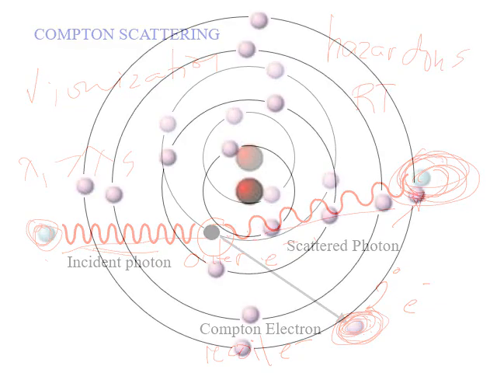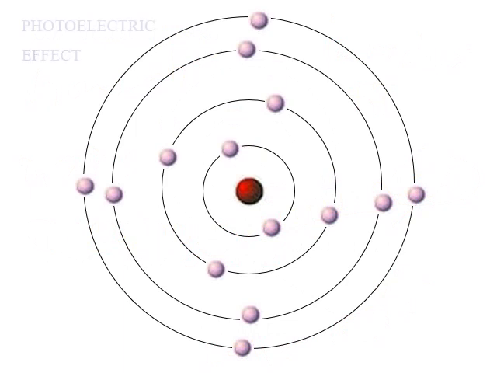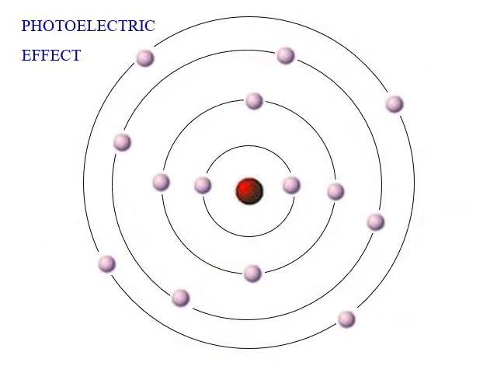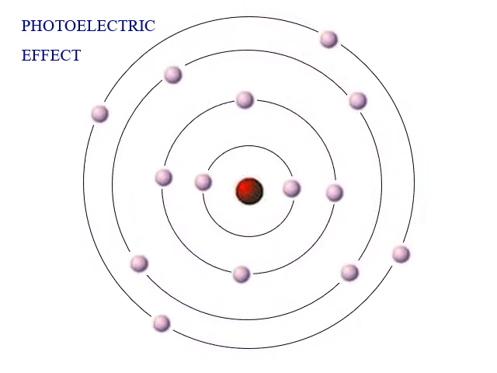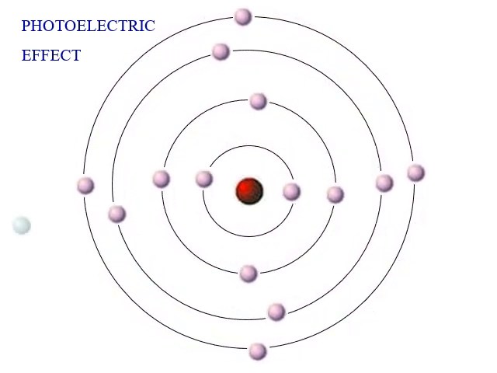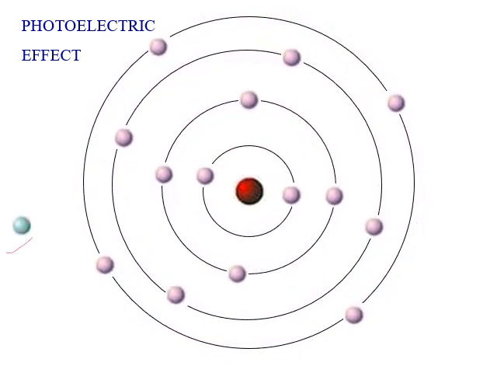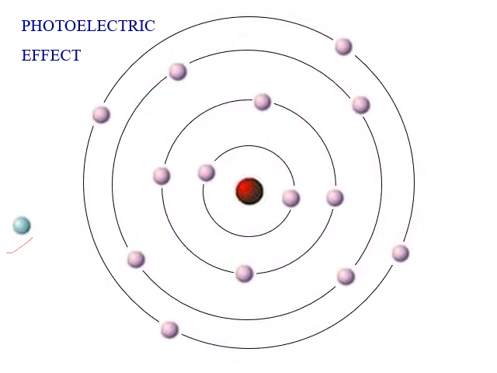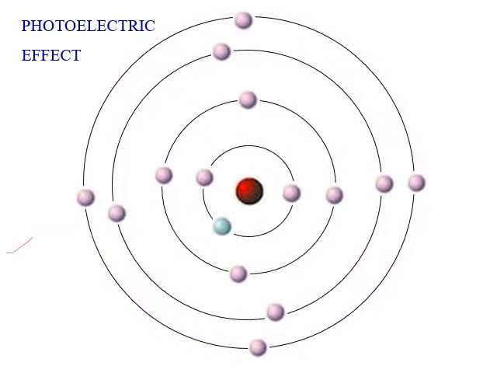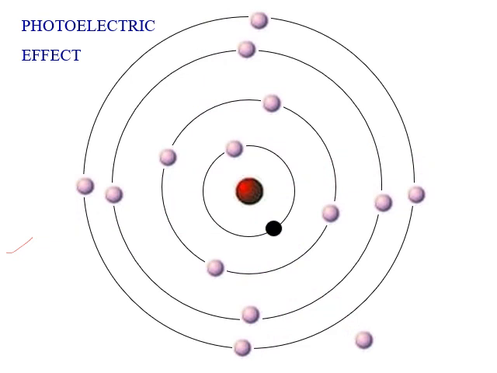Hazardous to radtech. So, next we have the photoelectric effect. So, we have here the atoms. Then we have the incident photon. So, as you can see, there is ionization in the K shell.